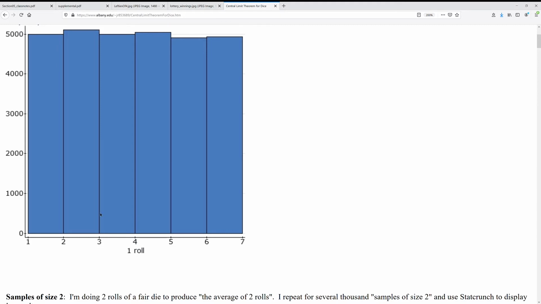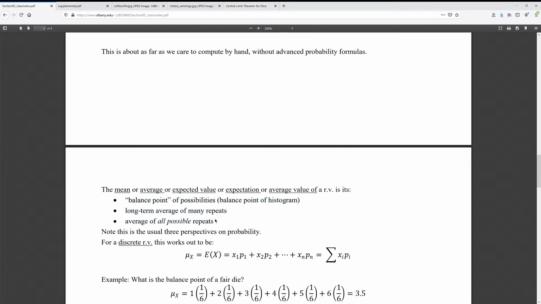Or you can think of it as if I average together many rolls of the die, you'd probably get about 3.5. Or you could say that theoretically, if I could average together as data every possible roll of the die, I would get 3.5. If I could, I would. You can't, of course. But theoretically, the average of all possible repeats as quote data.